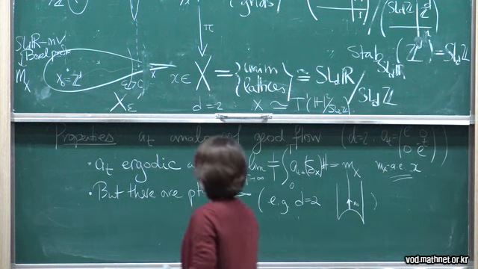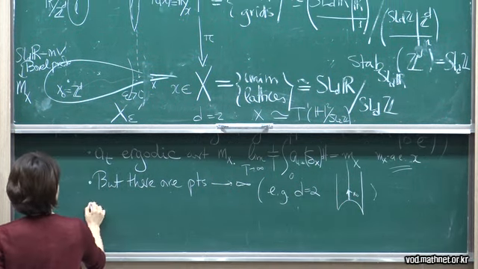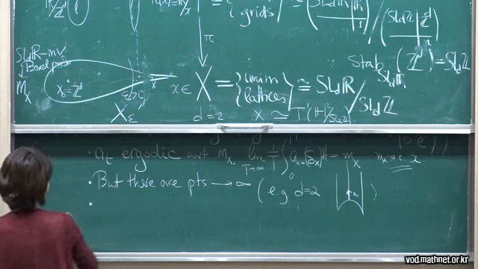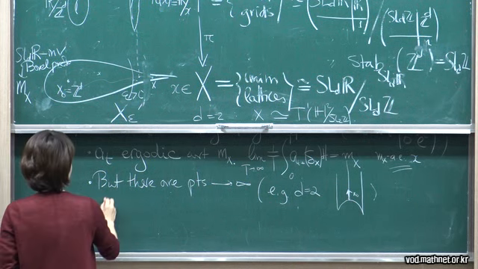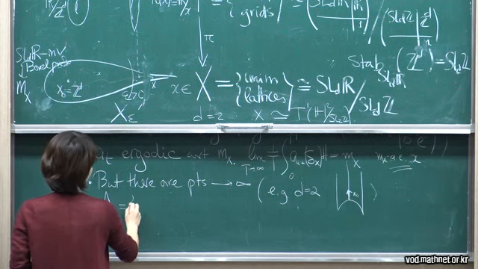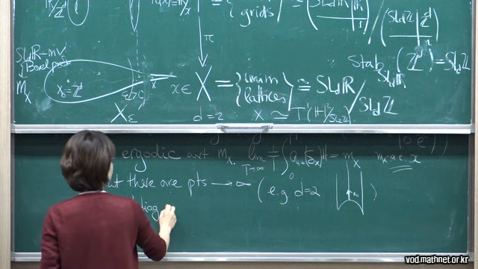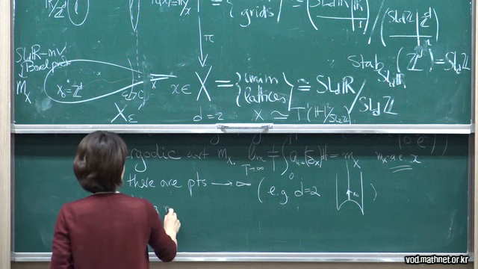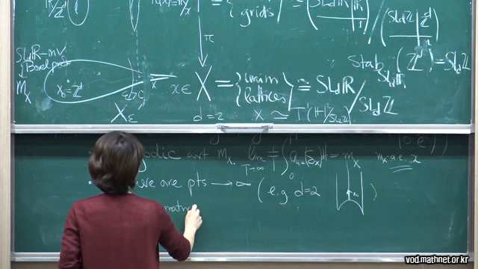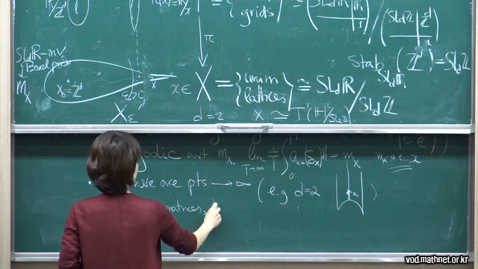Not only that, we also have the following sequence. Let's define A to be the diagonal group, the set of diagonal matrices with positive entries.